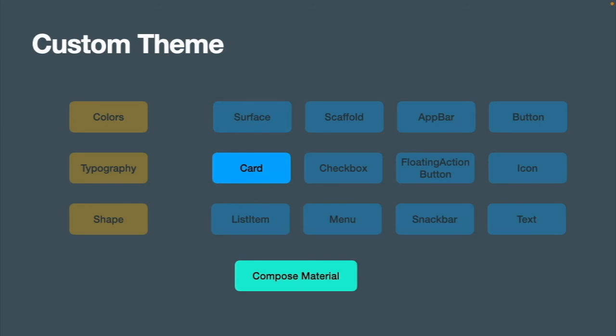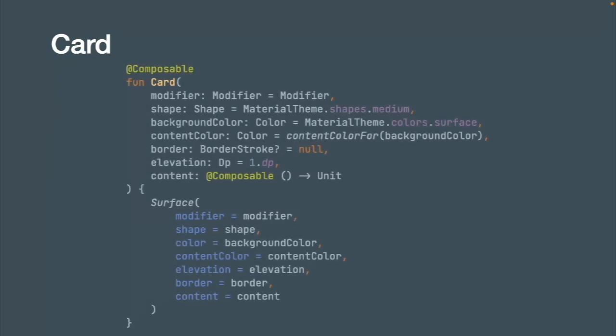Now, if we look at some other elements like card, I mentioned before that surface is the foundation of a lot of material Compose components. A card looks like this. Go to cs.android.com, copy and paste the source code for a card. That's all it is.